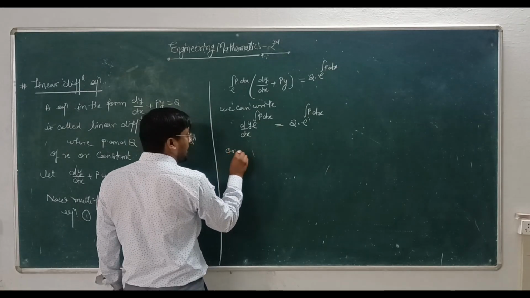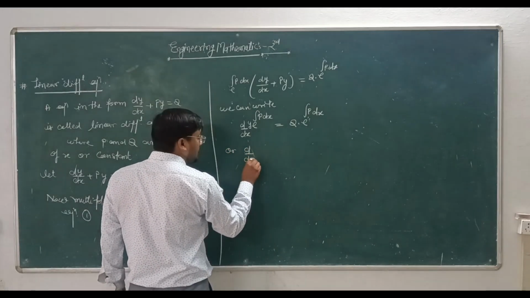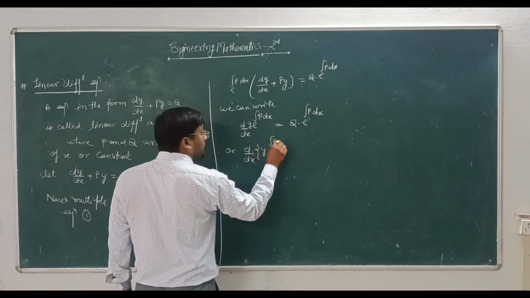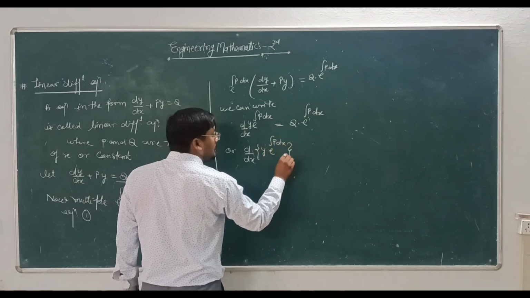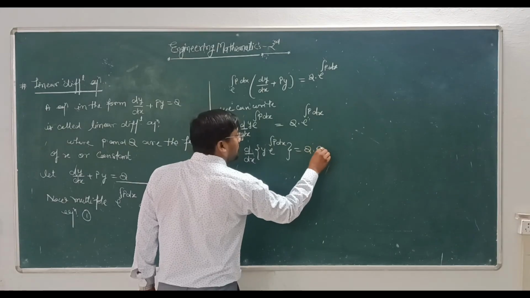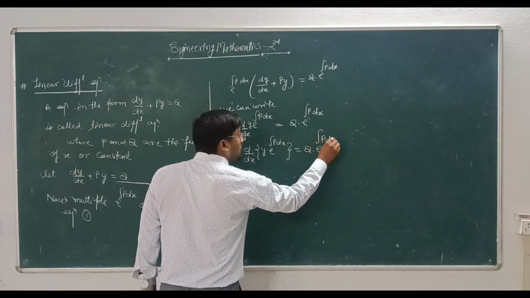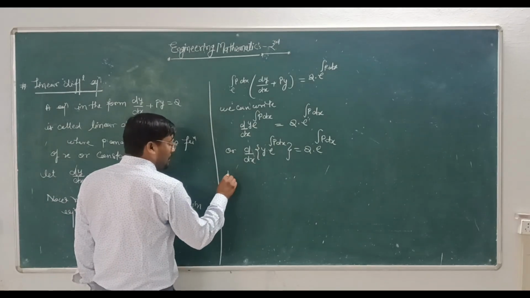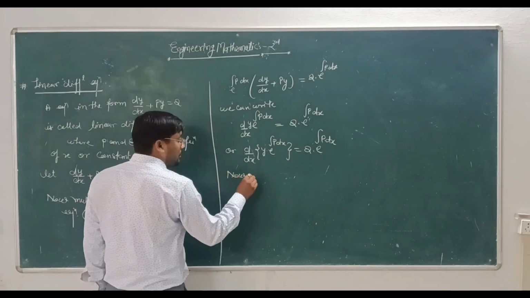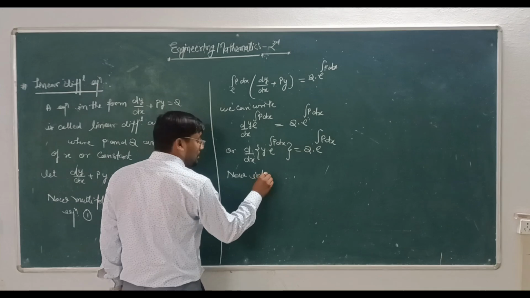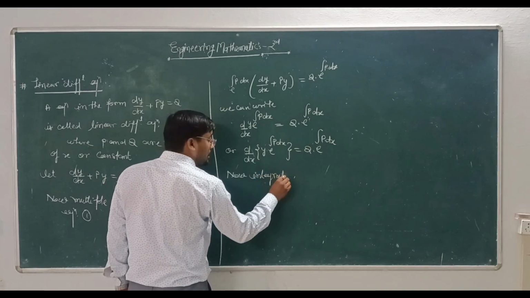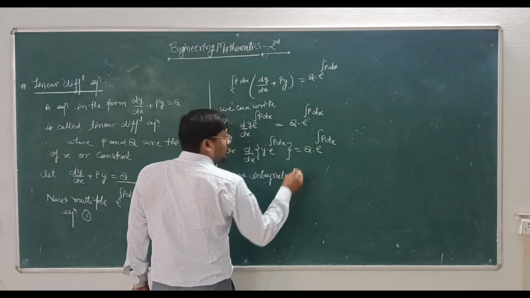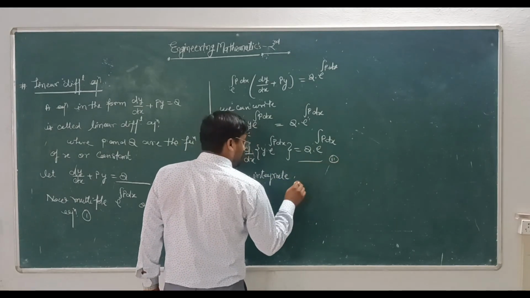Or you can write d/dx bracket y into e to the power integration P dx is equal to Q into e to the power integration P dx. Now integrate equation number second.